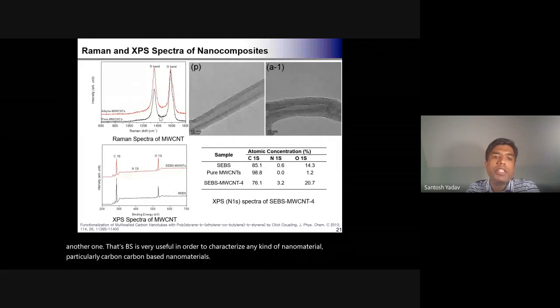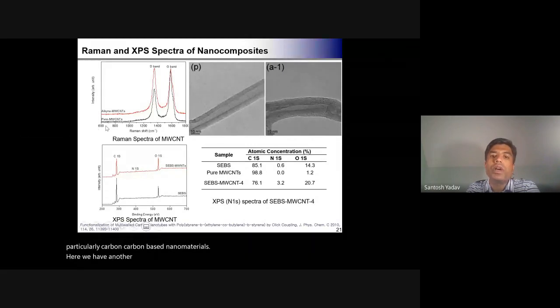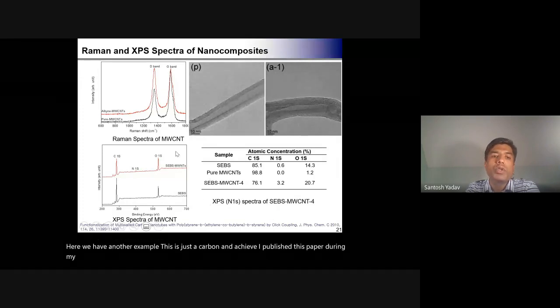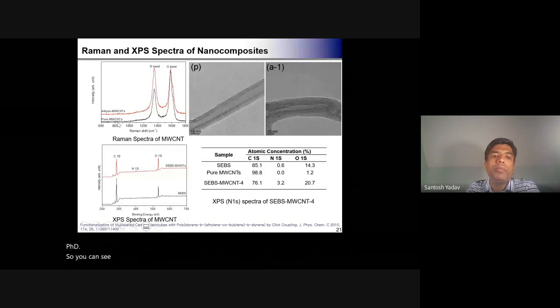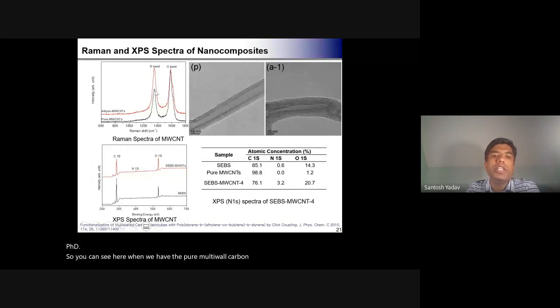Here we have another example. This is for just a carbon nanotube. I published this paper during my PhD. You can see here, when we have the pure multi-wall carbon nanotube, you can see the D peak and then the G peak.